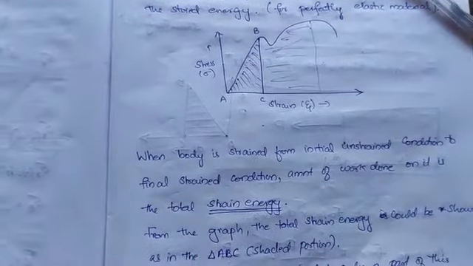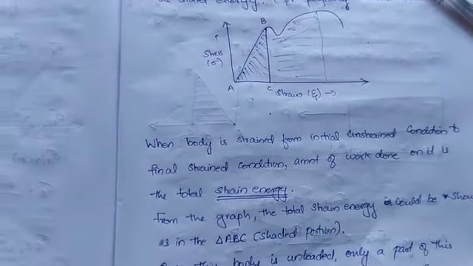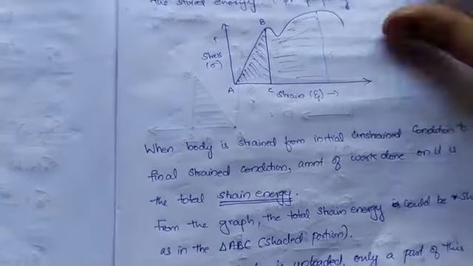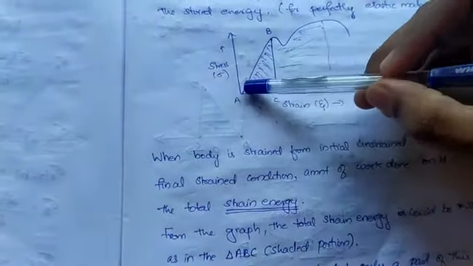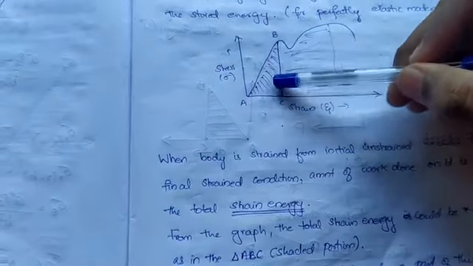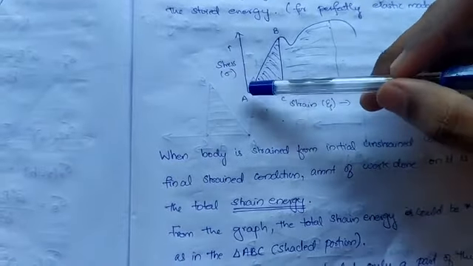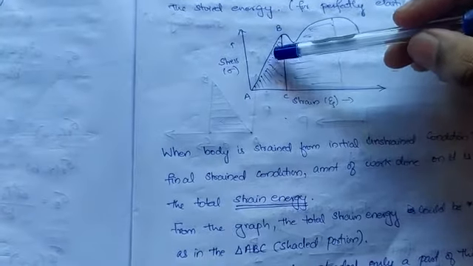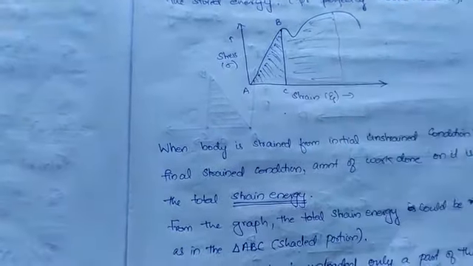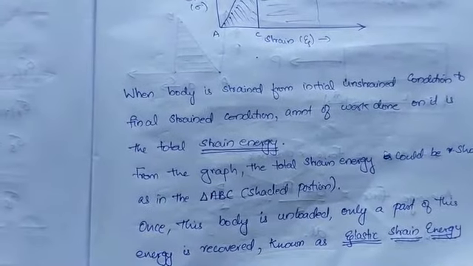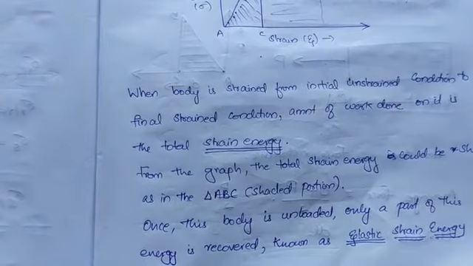You might have studied all these things in mechanics of solids, and I have discussed it earlier. From this figure, strain energy can be found out by just finding the area of this triangle, that means the shaded portion. Once this body is unloaded, only a part of this energy is recovered.